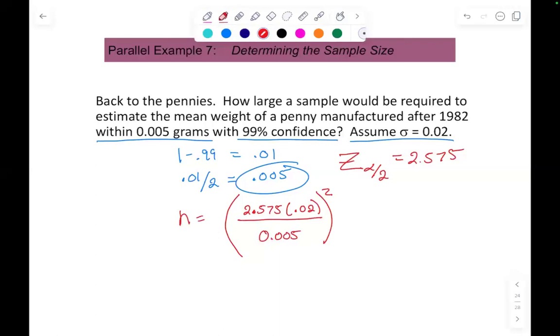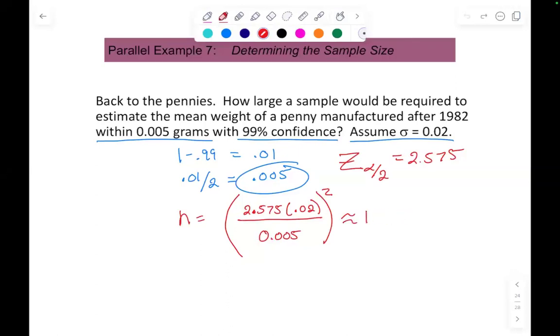We can't find T here. We can't use T. We have to use Z because we don't have a sample size. So we have to use Z. All right. So I got in my calculator 106.09.